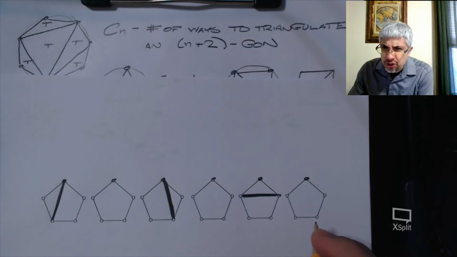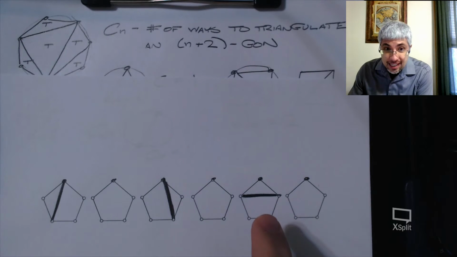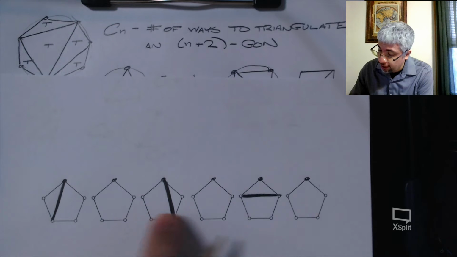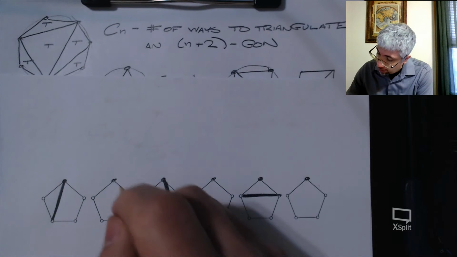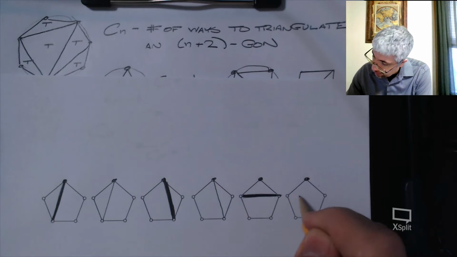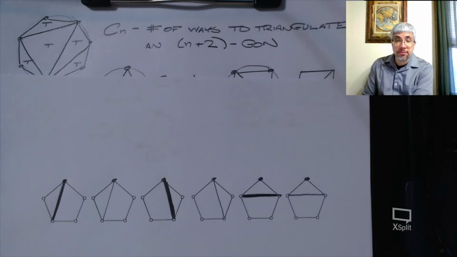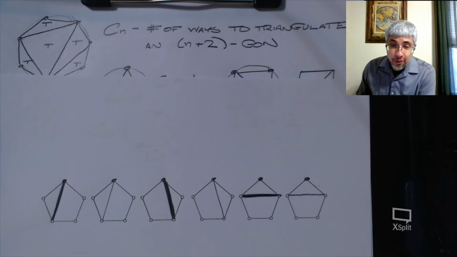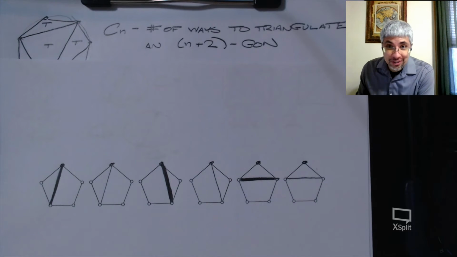And you'll note that in each of these cases, I still have a fourgon to fill in. Well, I'm going to repeat each of these, so I'm going to draw them each twice. Why do I want to draw them twice? Well, because a fourgon has 2 ways of filling it in.